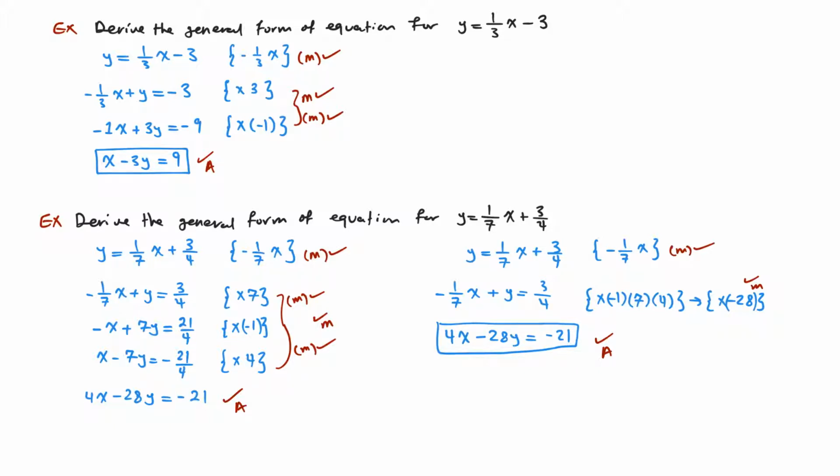So again, these are all methods. Actually, I'll put this as M, or just multiplying it by negative 28.